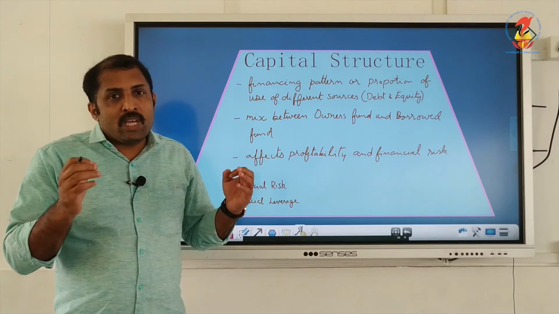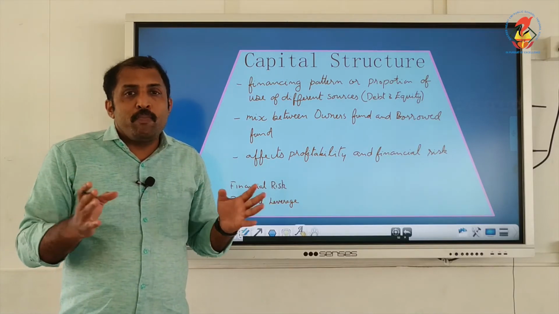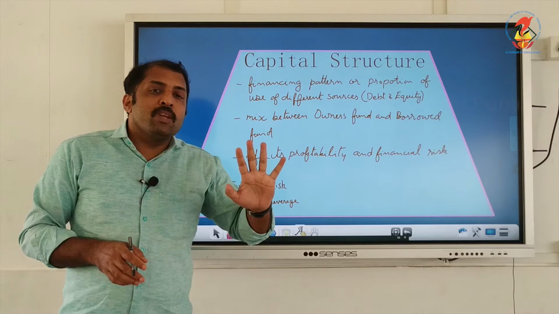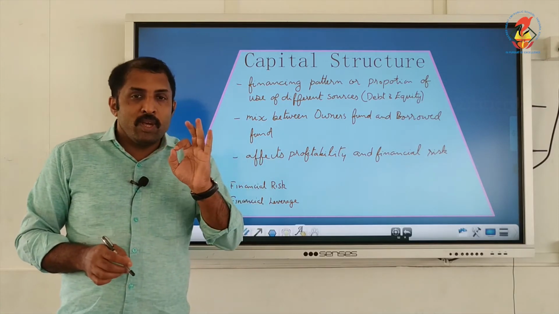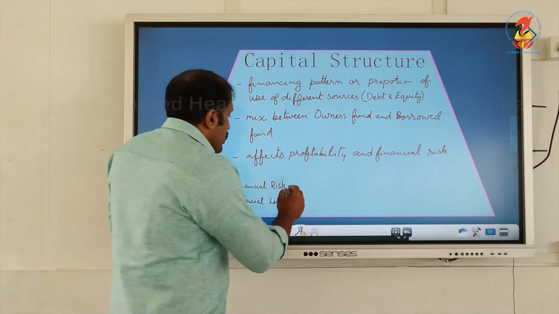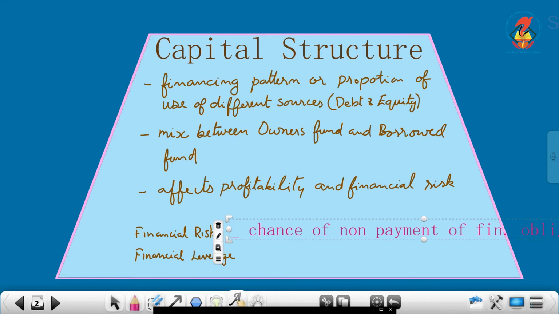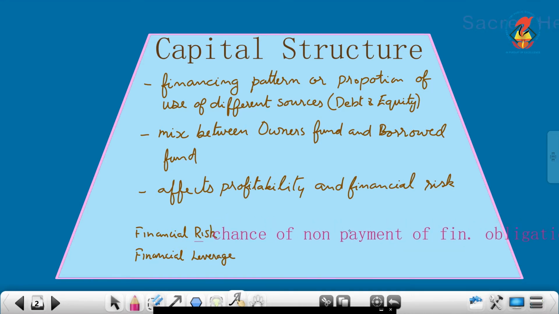We may have a chance of non-payment of that financial obligation, and that chance of non-payment of financial obligation we call financial risk.